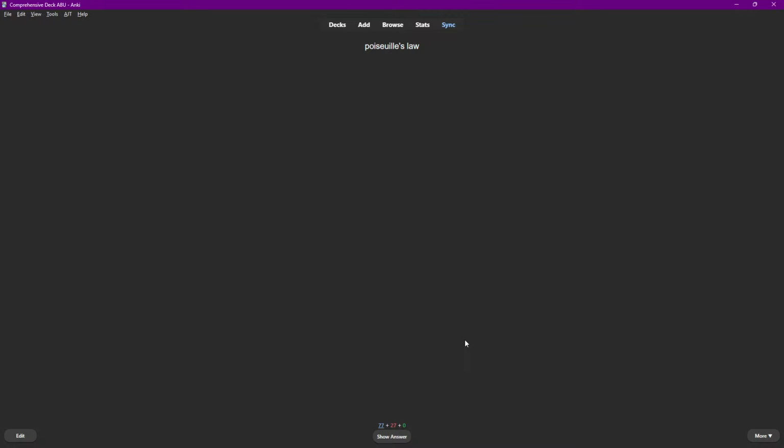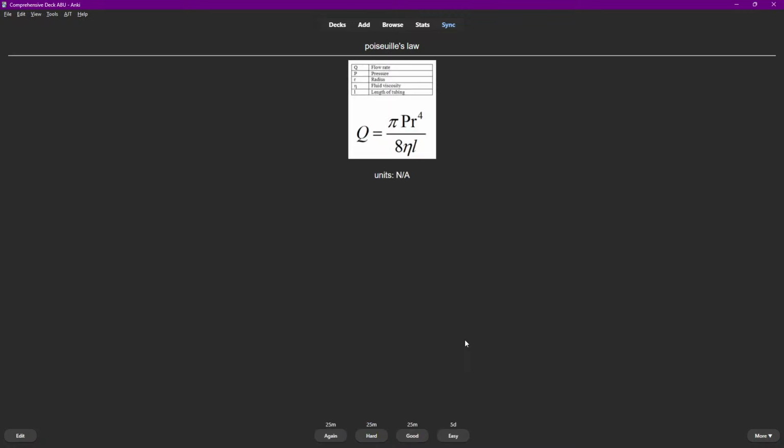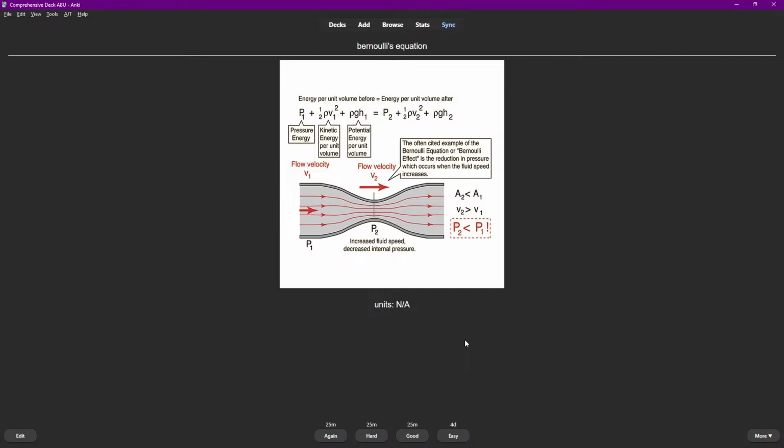That's the very long one. It's like 1/2 density v squared plus density gravity height. Oh, I used the wrong equation. This is the Q times P times R to the 4. This is the one I was talking about.